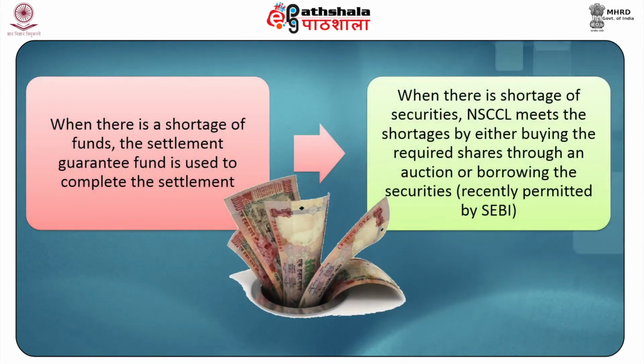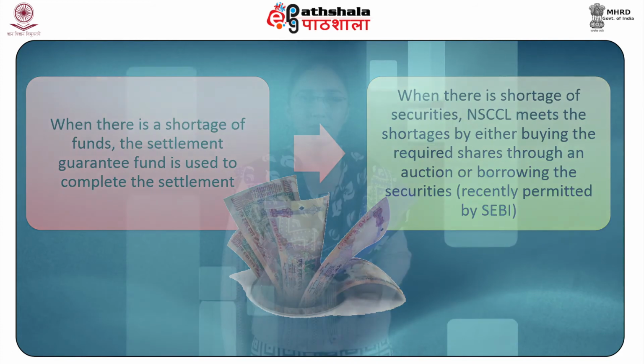When there is a shortage of funds, the settlement guarantee fund is used to complete the settlement. When there is a shortage of securities, the NSCCL meets the shortages by either buying the required shares through the auction or borrowing the securities, which is recently permitted by SEBI.